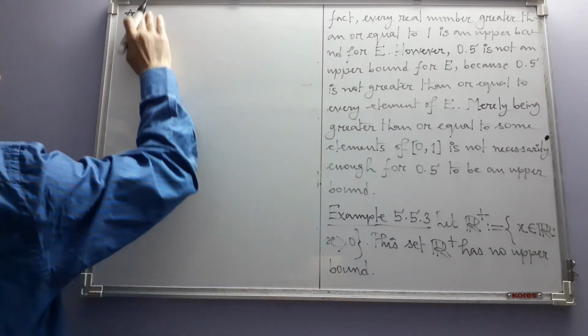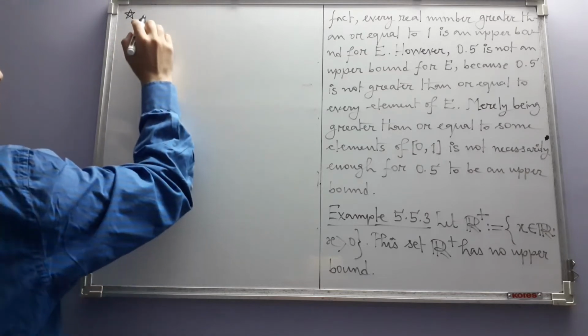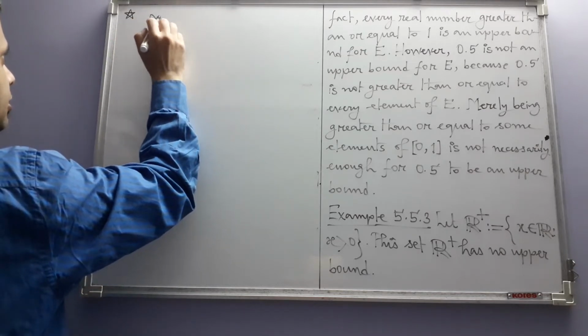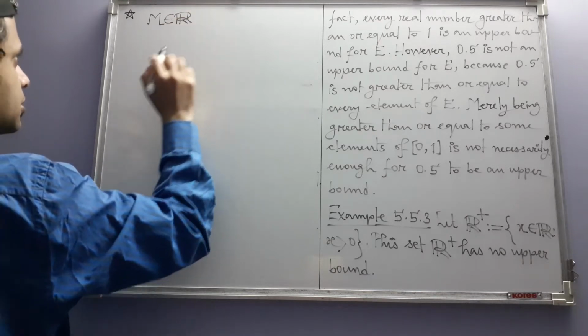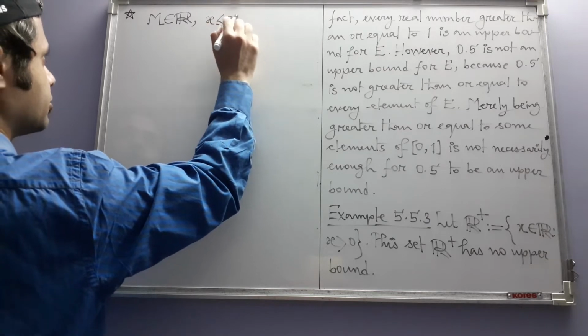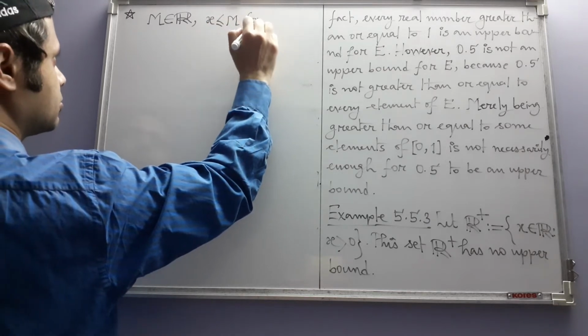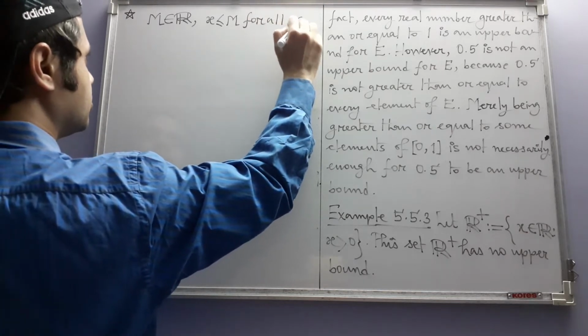Suppose this has an upper bound. Say there is a real number M such that x is less than or equal to M for all x belonging to R plus.